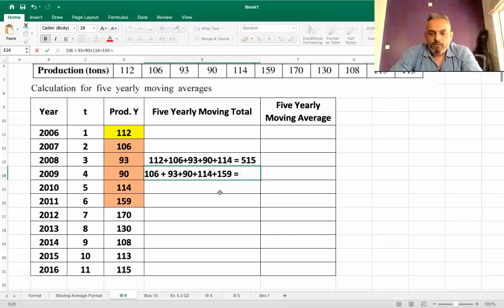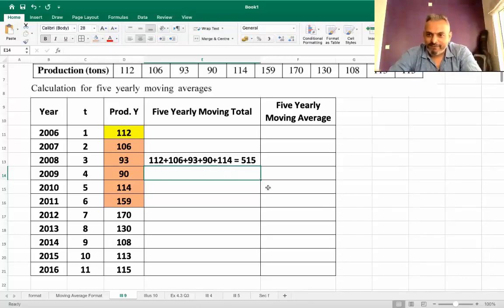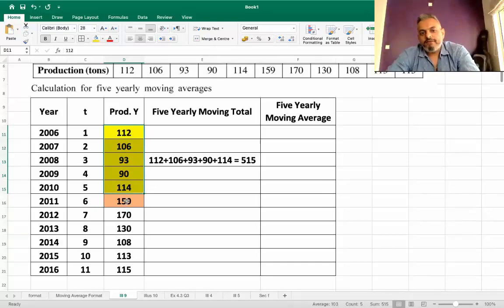You go as per what you are comfortable. Now, either you can go for this method, what I have written over here, or another method, which is as per the textbook, that you already know that this 5 total was 515. Now from 515, you want to remove 112 and add 159.